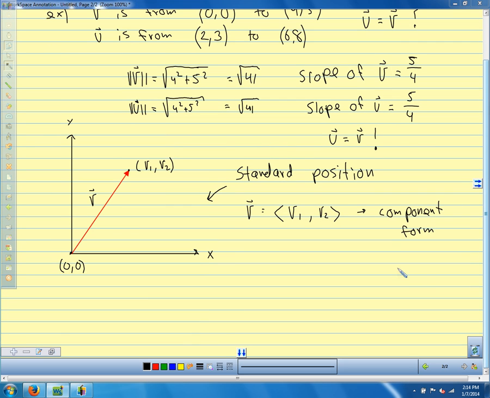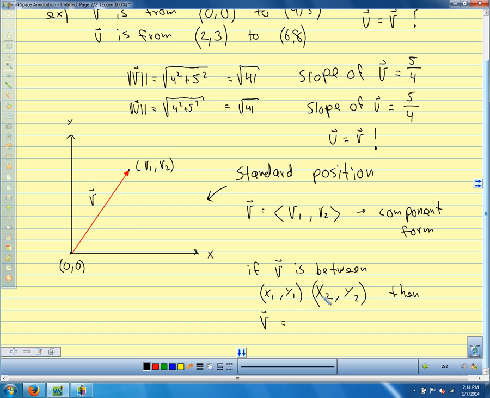If our vector is not in standard position, if v is between 2 points, between x1, y1, and x2, y2, then our component form, we can write v.